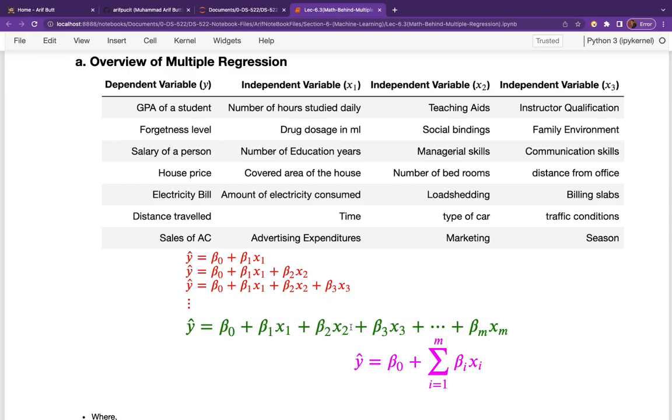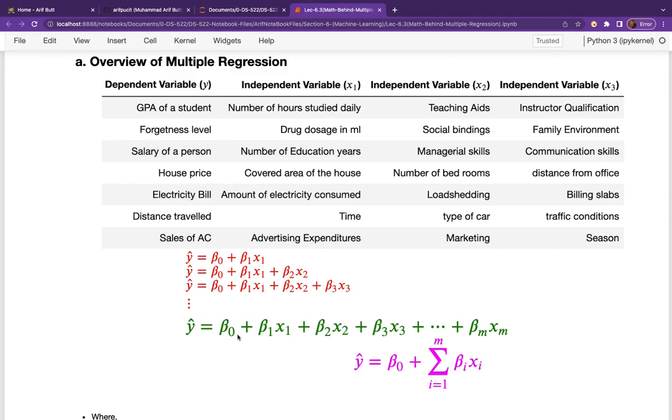These beta 1, beta 2, beta 3 and so on to beta m are the weights that quantify the effect of respective feature variables on the output variable. And finally, this beta naught is a constant term that represents the minimum value of y when all the feature variables are 0. So remember, for m input features, there will be m plus 1 regression coefficients. So beta 1, beta 2, so on to beta m, and this beta naught as well.